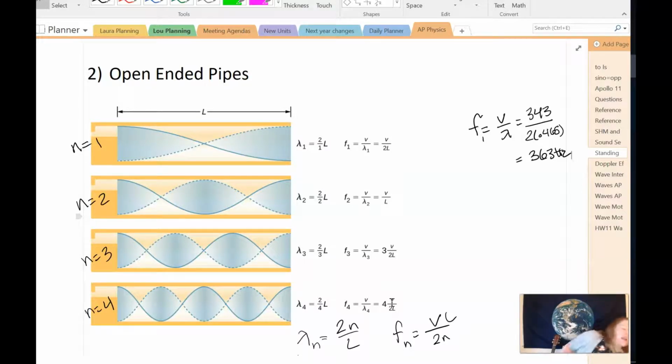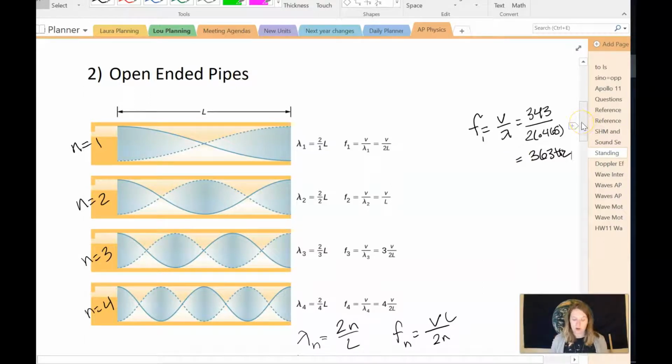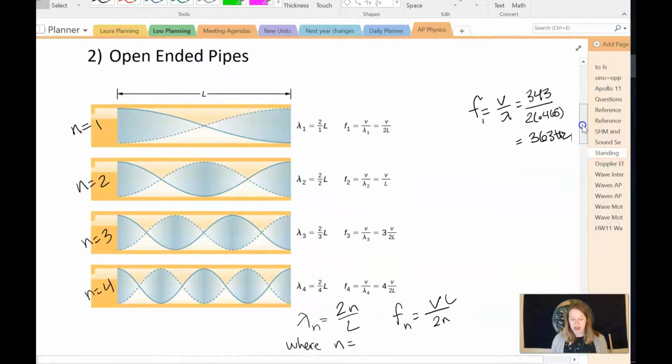So let's look for that second most annoying sound around 690 hertz. So that seemed to be around 685 hertz. So those are some examples of different harmonics in tubes that are open at both ends.